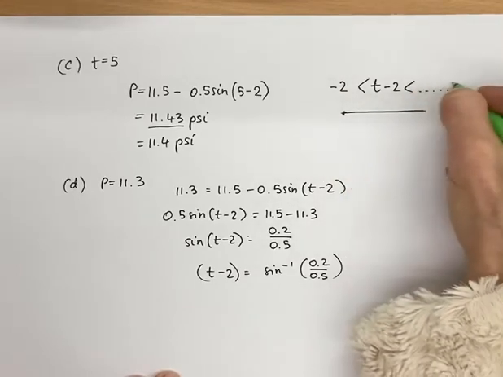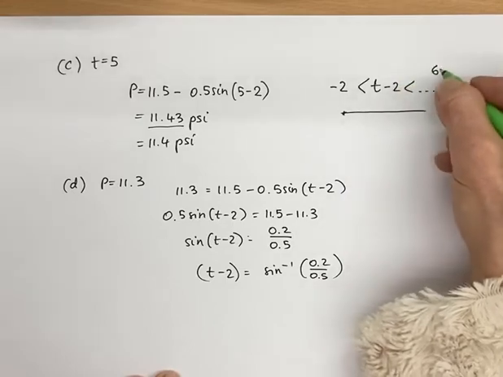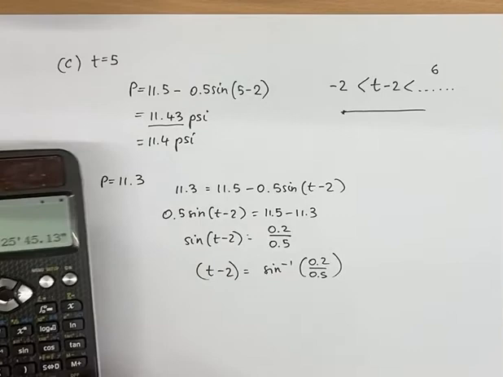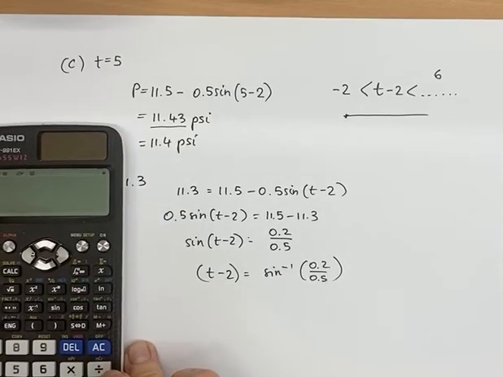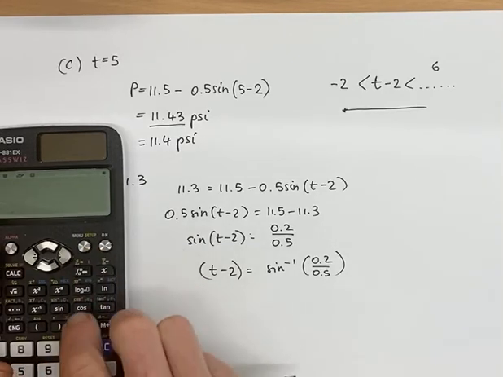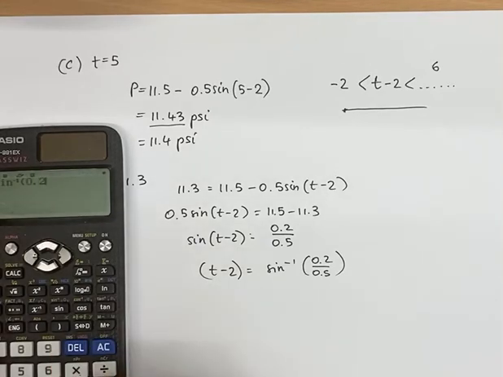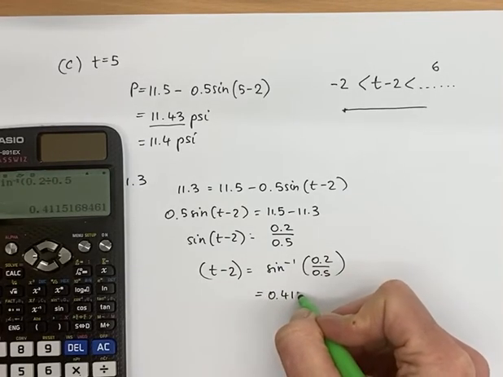Obviously, you've got to go up to 6 for the 8 hours period, but if you go further, that's okay, and then just pick the ones that will take you up to 8 hours. Okay, so let's do sine inverse, in radians, 0.2 divided by 0.5. Okay, this gives me 0.4115.